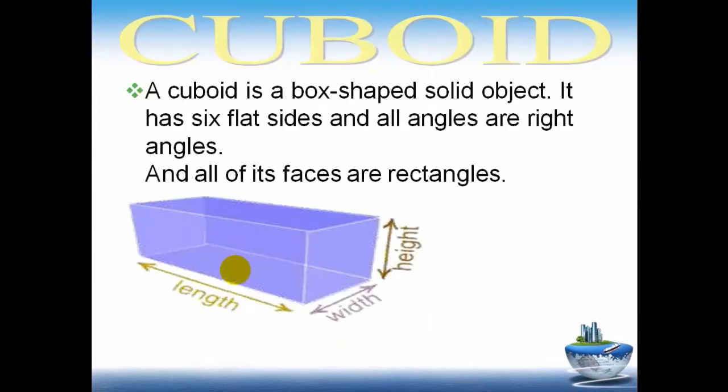The cuboid shape. A cuboid is a box-shaped solid object. It has 6 flat sides and all angles are right angles, and all of its faces are rectangles. So this is a cuboid shape, with length, width, and height.